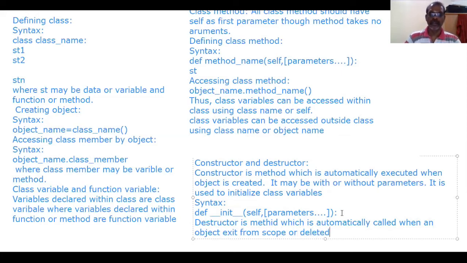Deleted means if you voluntarily delete an object which is already created, the destructor will be called. Very simple. Constructor is called when an object is created. Destructor is called when an object is deleted. Simple. Now syntax.